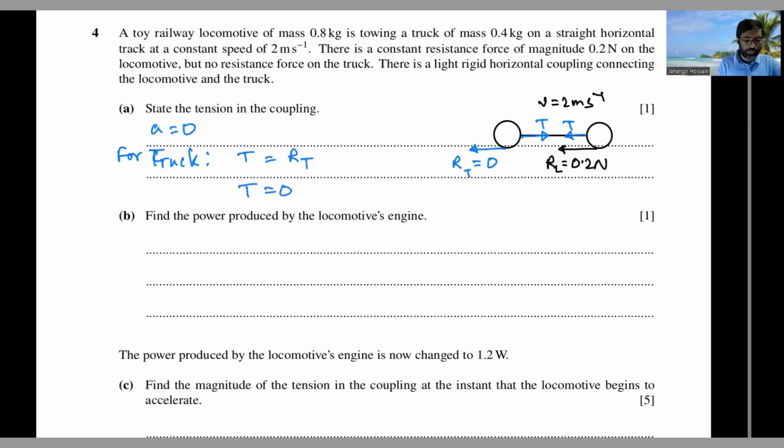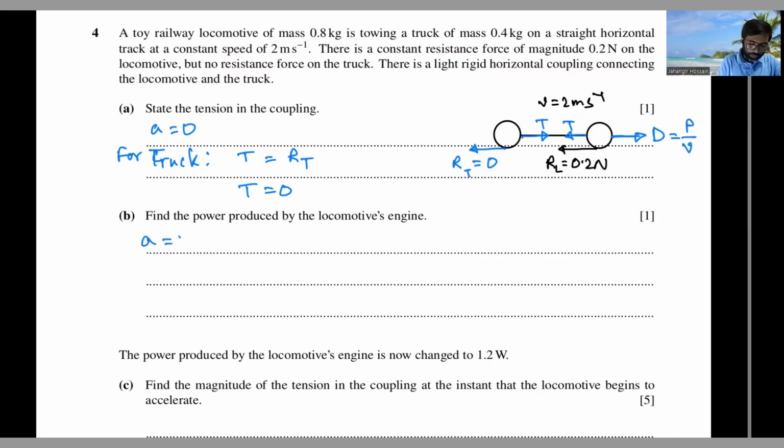That's the tension when the locomotive and the truck are moving at constant speed. Now you have to find the power produced by the locomotive engine. Remember, there is a forward driving force produced by the locomotive's engine, and that driving force is P by V.